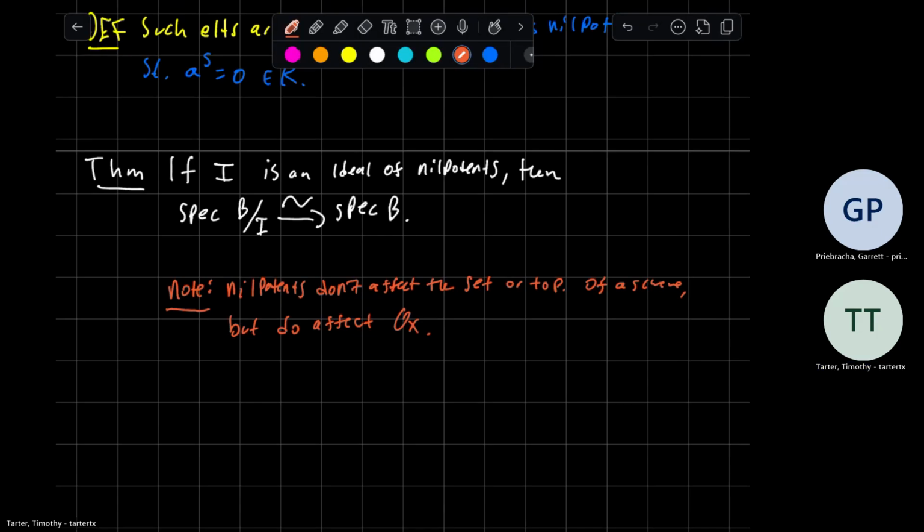So, a little bit confused about why this is true or what the map is. Let me look this up.